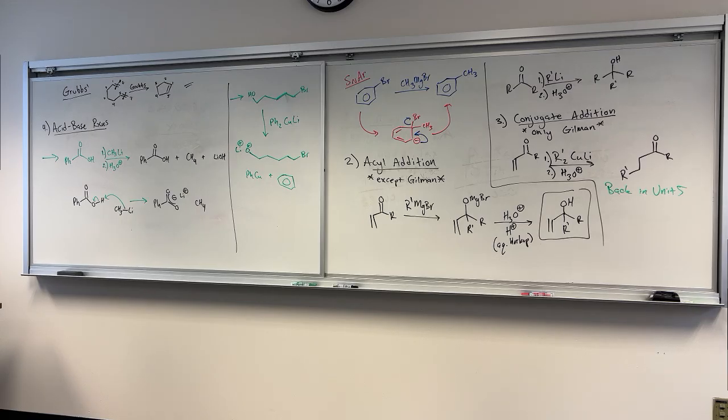If you're doing hydroboration oxidation, this is an alcohol. If you want to turn that into a methyl ether, you actually use the alcohol and have to set up the right circumstances, like methyl bromide, and the oxygen of the alcohol substitutes the bromine of methyl bromide and makes a methyl ether.